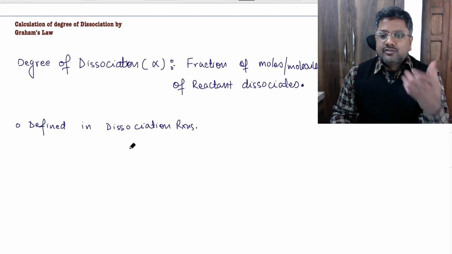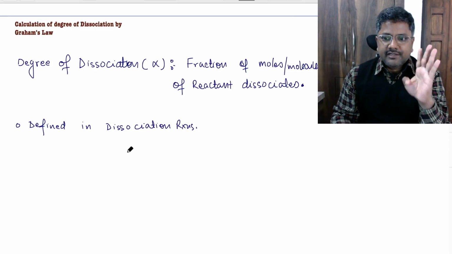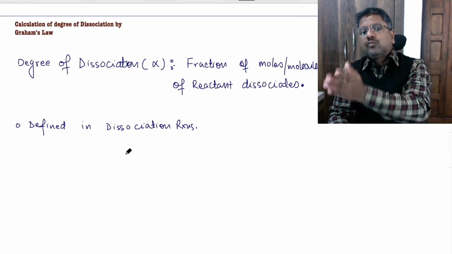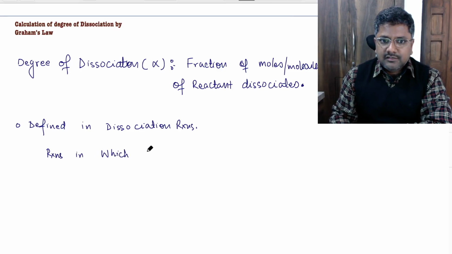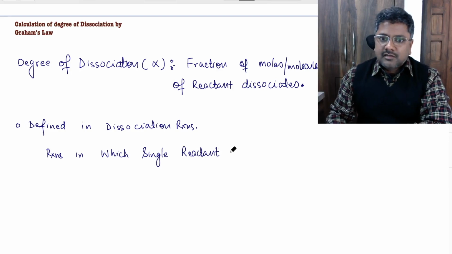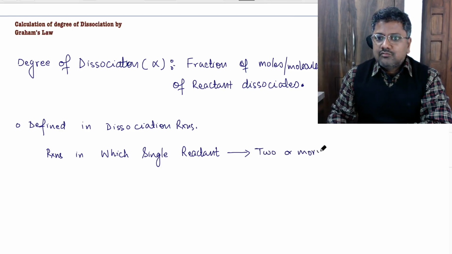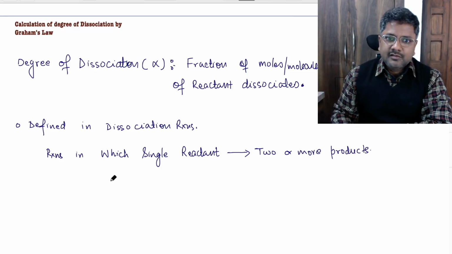So dissociation reactions are those reactions in which a single reactant is converted into two or more products, like Cl2 gas gives 2Cl gas.